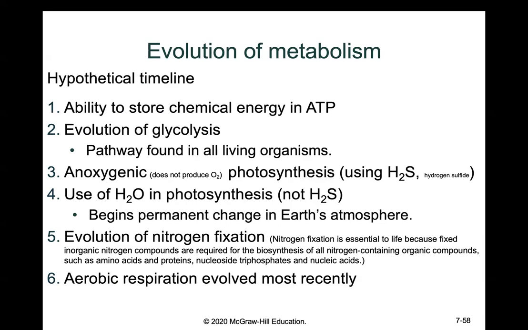They didn't have the enzymes for the citric acid cycle. They only had very simple mechanisms where they were able to store chemical energy as ATP. That was it. They were able to take any chemical energy around them and just create ATP. They did not have the ability to bring glucose molecules in to break them down, or proteins to break them down to go into the citric acid cycle.